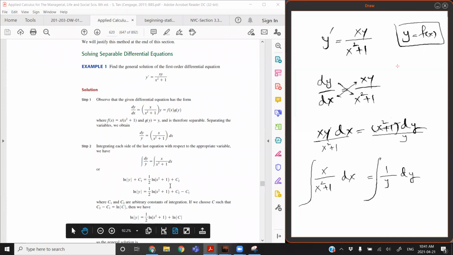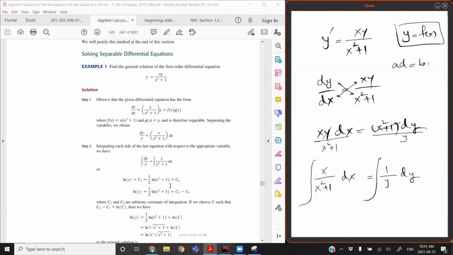It's like if we have AD equals BC, this would be equivalent to having AB equal CD, because A times D is equal to B times C.